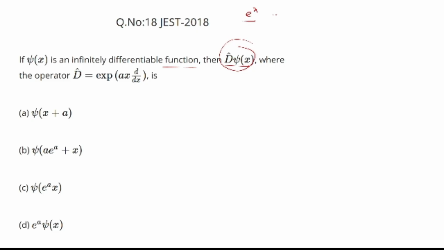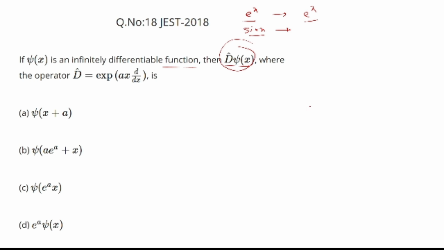If we take infinite derivatives, it gives e to the power x. And if we take the derivative of a trigonometric function like sin x or cos x, it gives cos x, and again it gives sin x. So ultimately it gives a finite value even if we take an infinite number of derivatives.